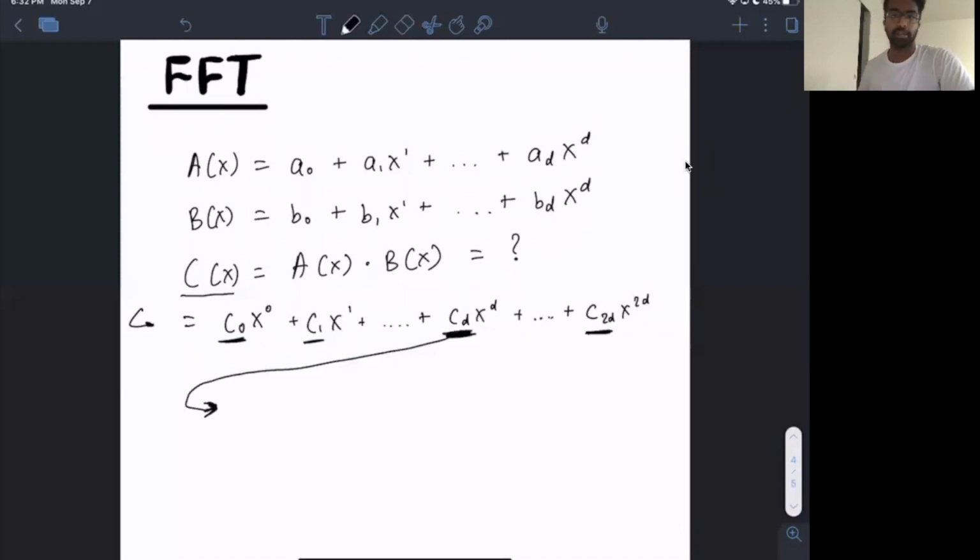For the C sub D term, since the power of X here is D, we have to pair different expressions in A of X and B of X so that the product has X to the power of D. For example, A sub D times X to the power of D, multiplied by B sub 0, gives A sub D times B sub 0 times X to the D. Since there's an X to the power of D term, it contributes to the C sub D value.